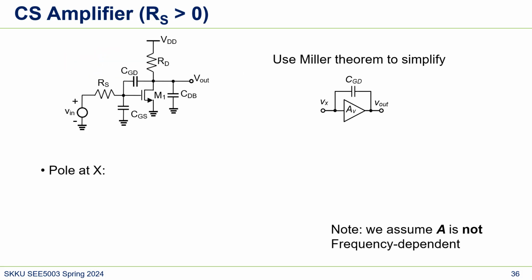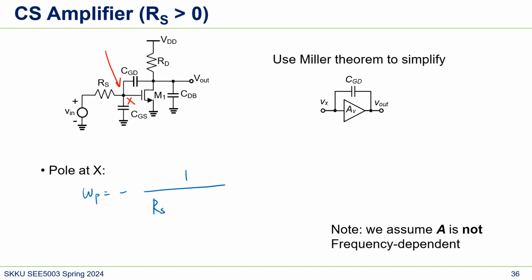Let's calculate the pole here by using Miller theorem. Here is X, and Vx, and then V out, and then the gain. So the pole at X will be, first minus, and 1 over what's R?